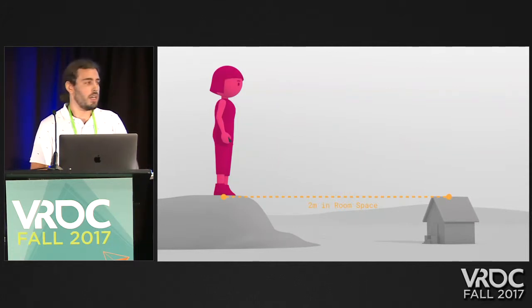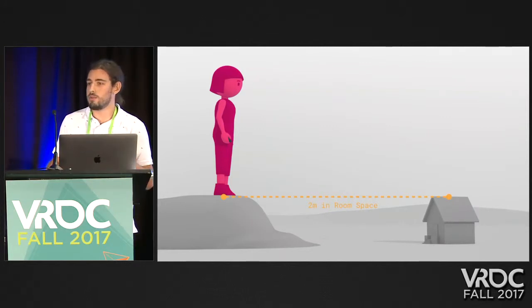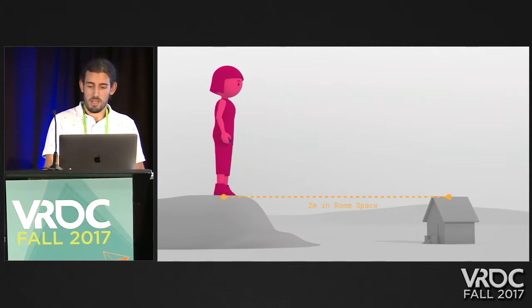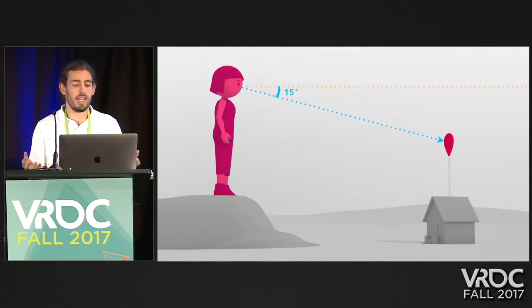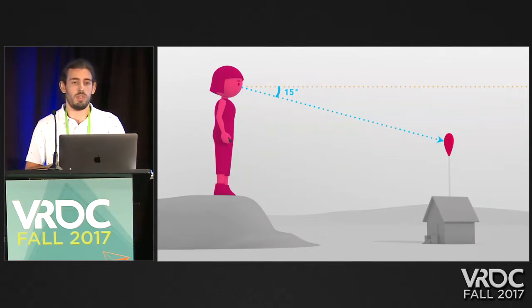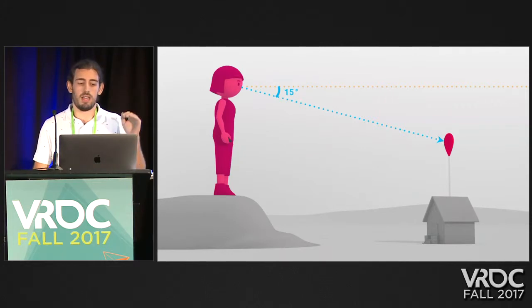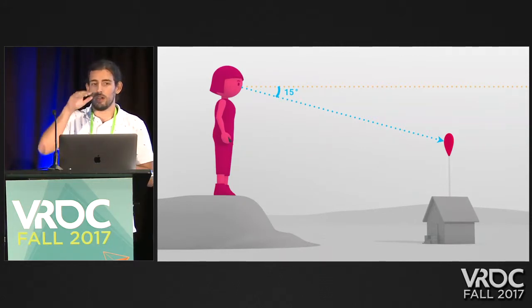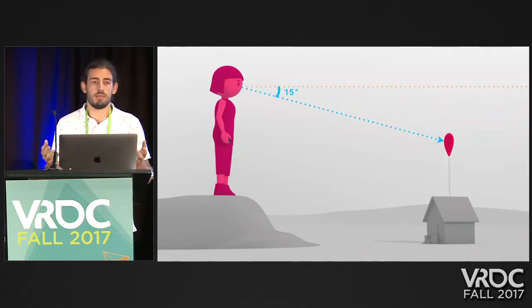And we also ensured that the user's feet are right on the ground so that they don't feel like they're intersecting with the geometry or floating up in space. Then, to highlight the point of interest, we add a search pin, and we ensure that the user's gaze towards the search pin is at 15 degrees down, because that gives the user a comfortable resting position for their eyes.